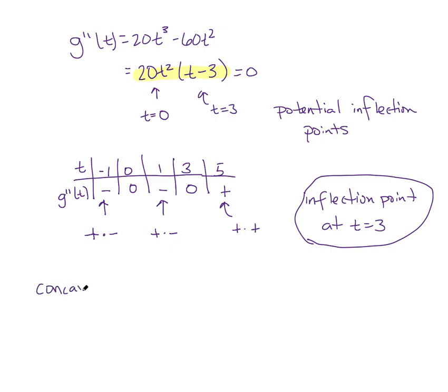Our original function is concave up anytime after 3. At t equals 3, the second derivative is 0, but any value of t after that is going to be concave up. And so our interval will be from 3 to positive infinity. And I'm not including 3 because there the derivative is equal to 0.